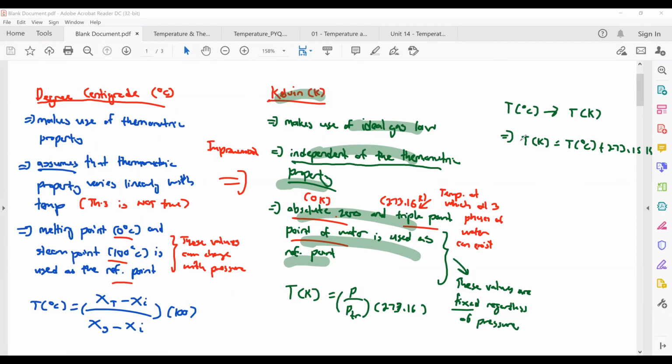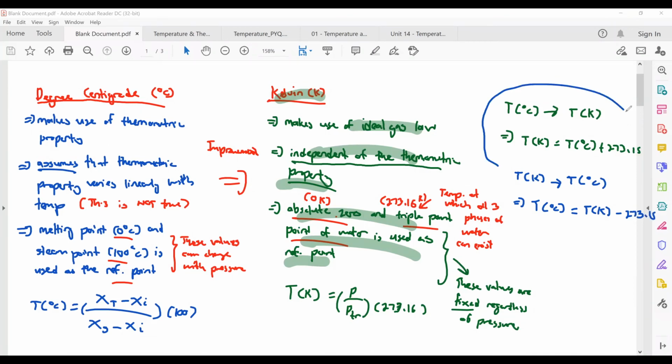Likewise, if you want to change temperature in Kelvin back to degrees centigrade, you take your temperature in Kelvin minus 273.15.